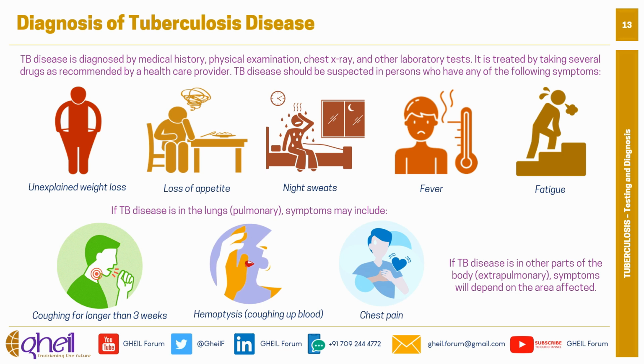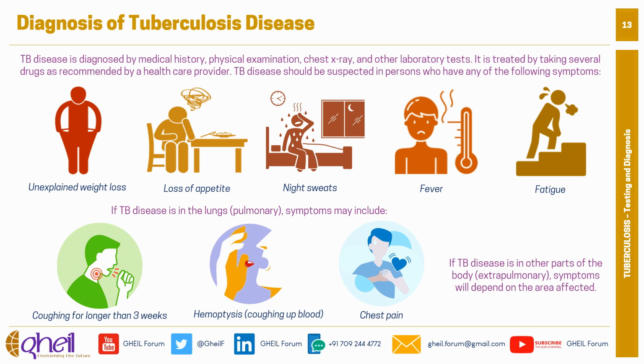Diagnosis of tuberculosis disease. TB disease is diagnosed by medical history, physical examination, chest X-ray, and other laboratory tests. TB disease is treated by taking several drugs as recommended by a healthcare provider. TB disease should be suspected in persons who have any of the following symptoms: unexplained weight loss, loss of appetite, night sweats, fever, fatigue.